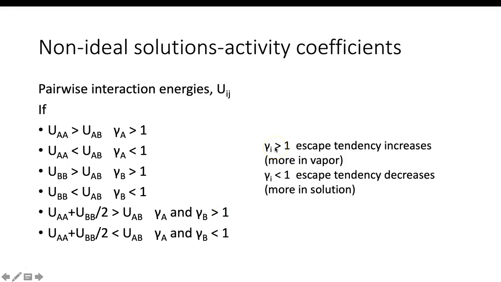So in a case where we have overall activity coefficients greater than 1, that means in terms of volatile liquids or a volatile mixture, your escape tendency increases. So we're going to be overrepresented in the vapor where they're not going to interact as much. And if it's less than 1, the escape tendency is going to decrease compared to ideal, and you'll have more in solution than you would expect if you were an ideal solution.